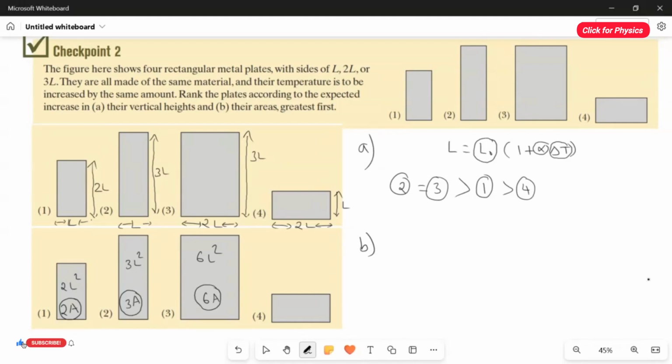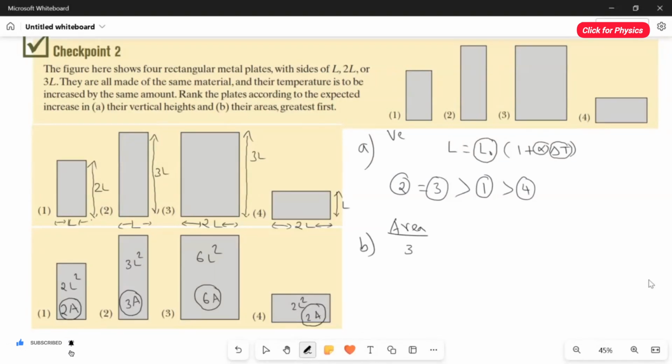And then the fourth one, 2L multiplied by L, is 2L square, which is 2A. So now we have to give the greatest area first. You can see the third plate has the greatest area.